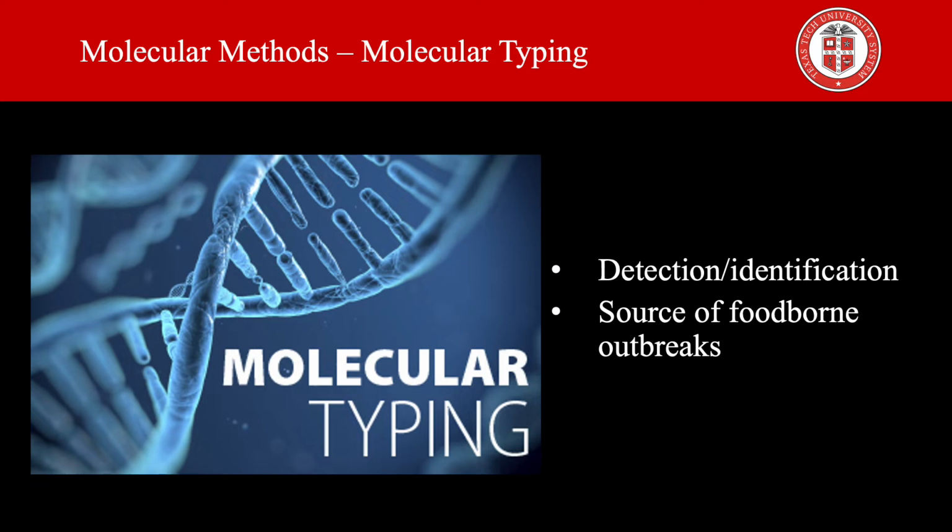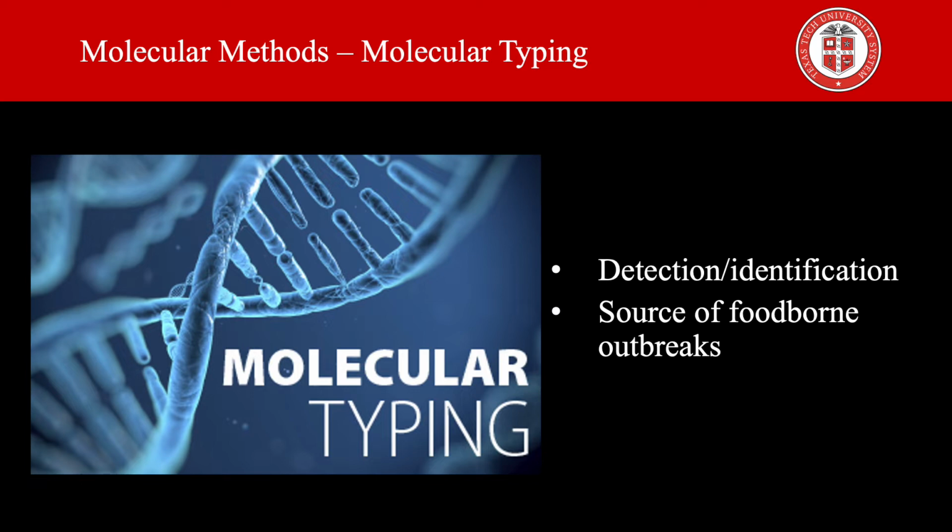Several molecular techniques have been developed and extensively used for typing foodborne pathogens. And what is molecular typing? Molecular typing is a way of identifying specific strains of microorganisms, such as bacteria or viruses, by looking at their genetic material.